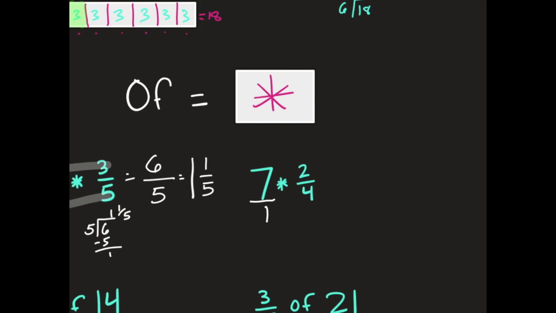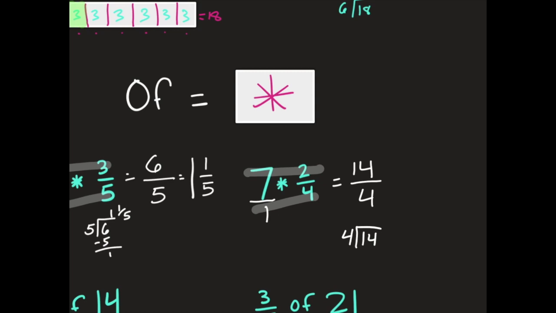And I'm going to multiply the top, 7 times 2, which is going to give me 14. I'm now going to multiply the bottom, 1 times 4, and that's going to give me 4. So my answer is 14/4, which is correct, but I'm going to need to turn that into my mixed number because it's improper. So if I don't have that in my head, I can come down here and say 14 divided by 4 and do this division problem here.